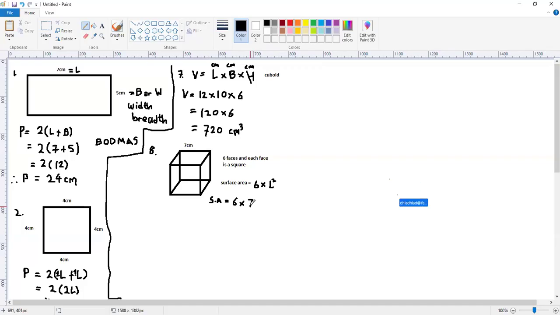So 7 squared. And in this case 7 squared will be what? 7 squared is 49. So that's going to be 6 times 49.